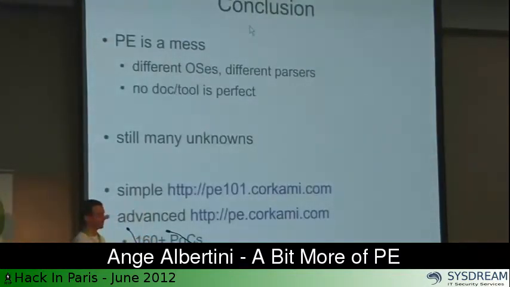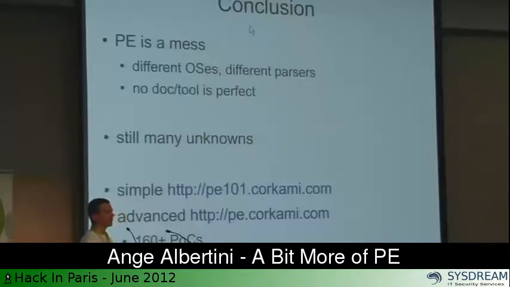My conclusion is that the PE file is a mess. There are different parsers on the OS, on a single OS, and the parsers behave differently on various versions of the OS. There is no tool or documentation that can claim to be perfect.